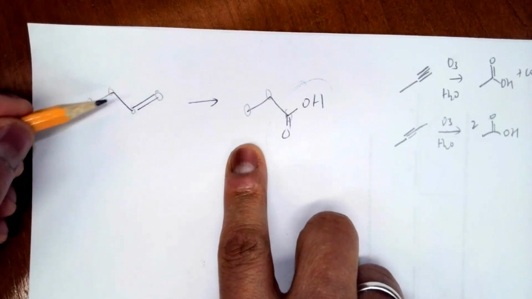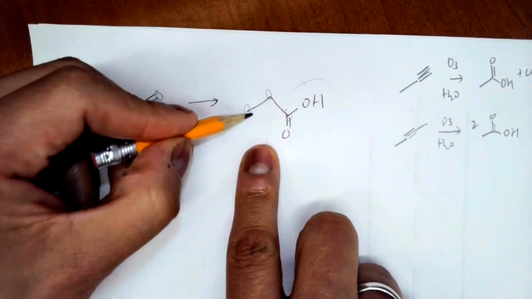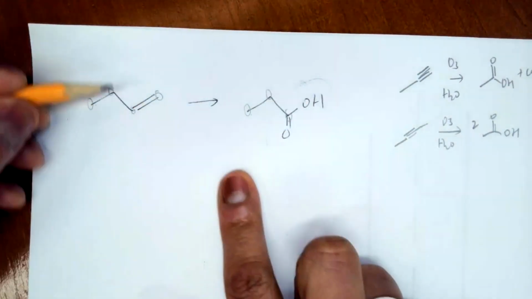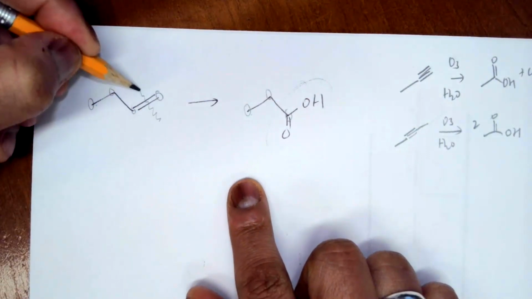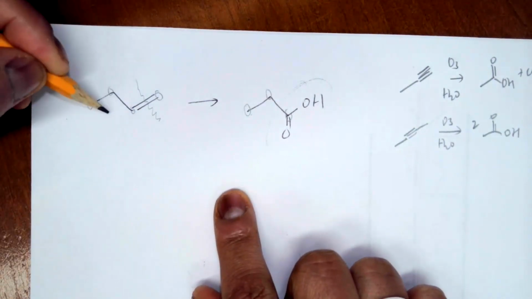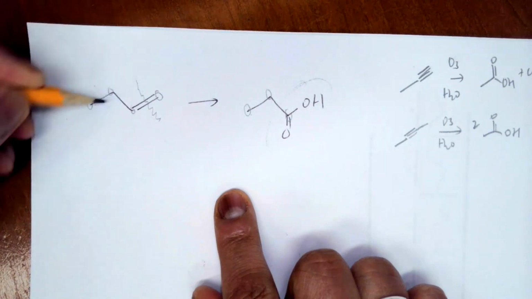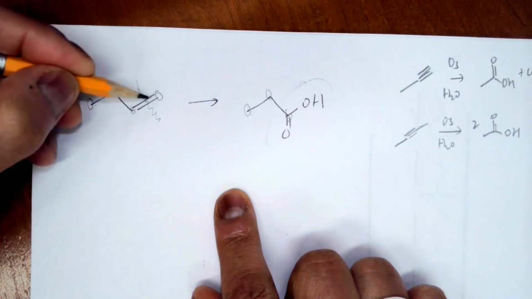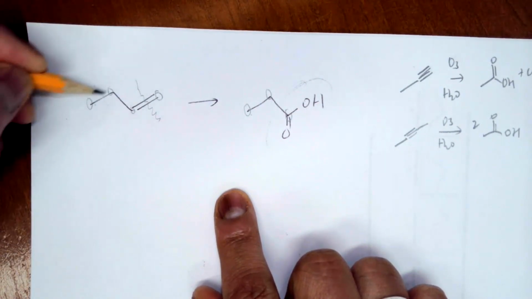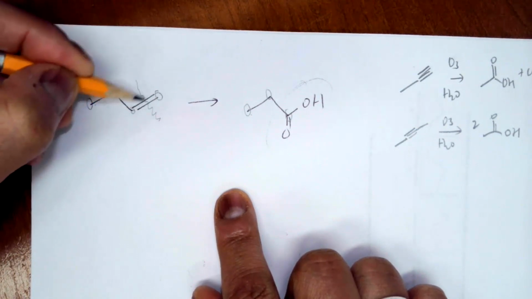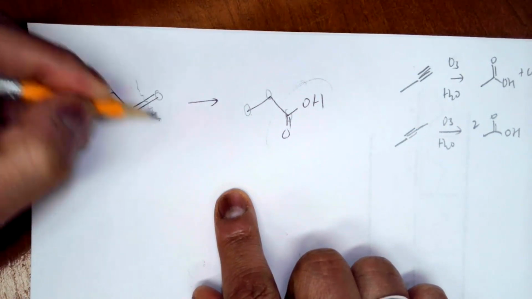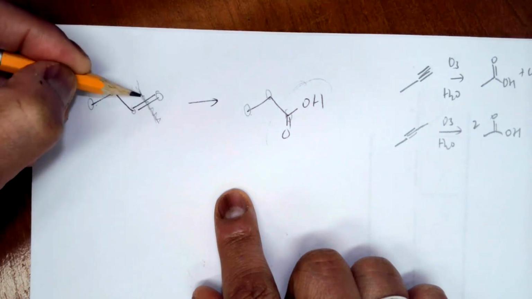And then it makes sense because I have 1, 2, 3 double bond, 1, 2, 3 carboxylic acid. That means that I'm cleaving my molecule here. I will never imagine that I'm cleaving the molecule here. Why? Because there is a C-C bond. Which one is easier to break, a C-C or a C double C?